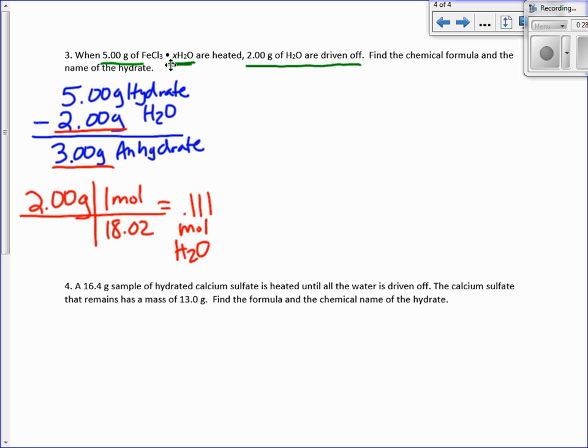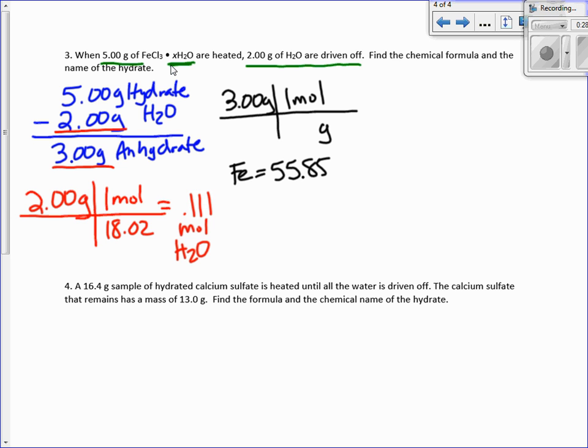Now I'm going to do the other one to find the moles of the FeCl3. So 3 grams of that. 20 grams equals 1 mole. So now I need to do the iron, 55.85. You look over here on your periodic table. The chlorines, there's 3 of them, times 35.45, which is also off the periodic table.